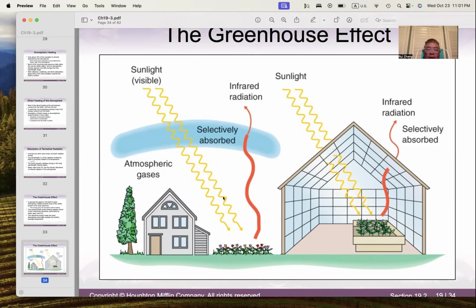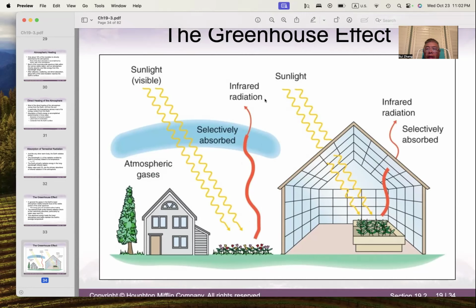When the sunlight goes in, all of it can reach the surface of the Earth or into the greenhouse. But when it goes out, because there's an atmosphere layer, and in this case a glass ceiling, only specific wavelengths of light can go out.